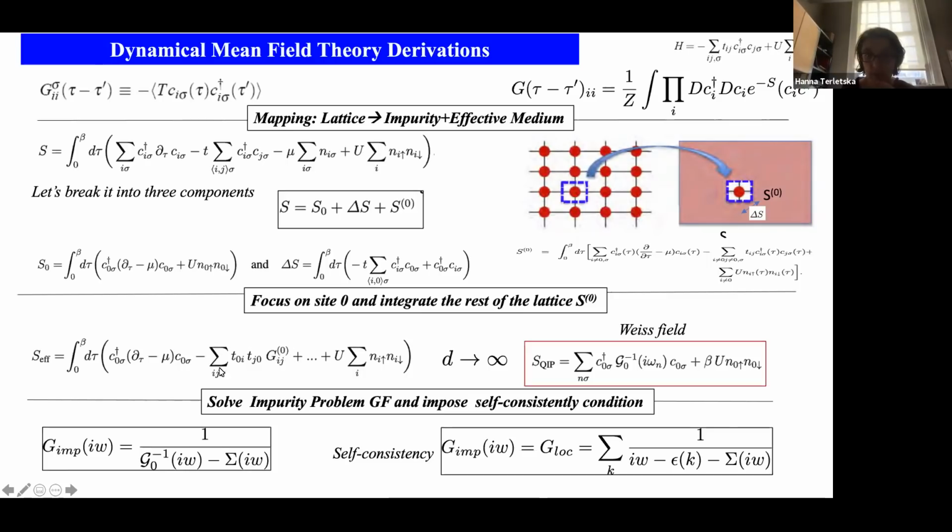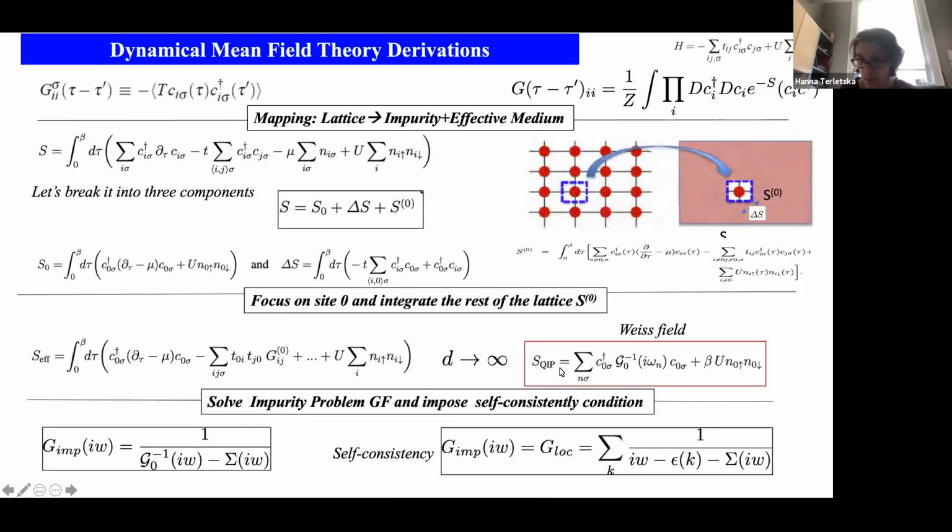This shows that you integrated out the rest of the lattice except for the impurity, site 0. And then you will arrive at an effective action which looks like this. In the infinite dimension limit, one can show that these three dots here will disappear, and what you will be left with is the action of a quantum impurity problem.